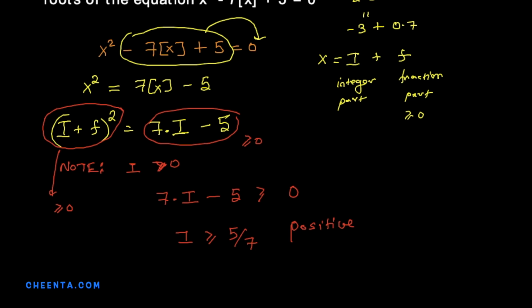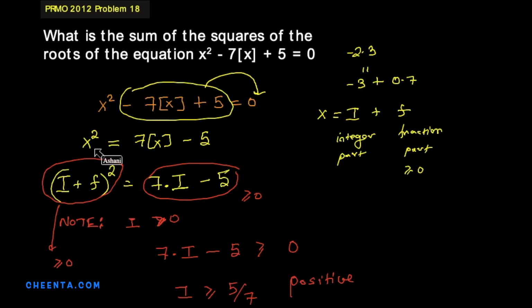So at once we know that whatever number satisfies this equation, its integer part has to be positive, which definitely means that its fraction part is positive by the convention that we mentioned.